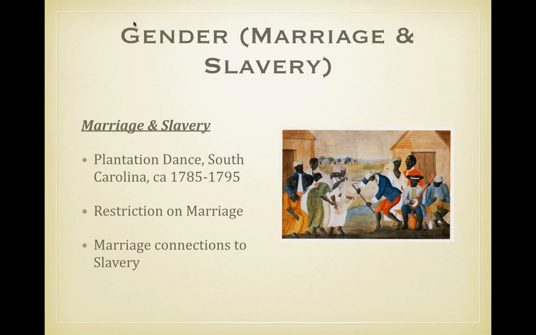In our sixth source, we look at the image of the plantation dance. We see a group of African slaves performing a dance outside of their home. The image is meant to mask the brutality of slavery by showing a scene of celebration among the slaves.